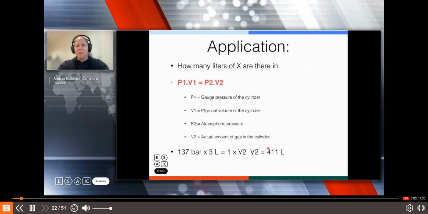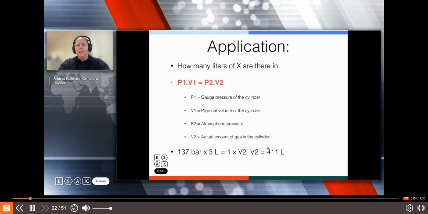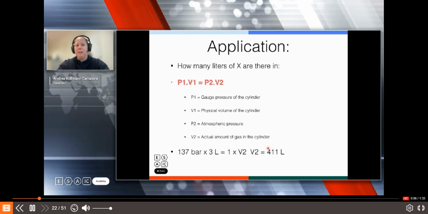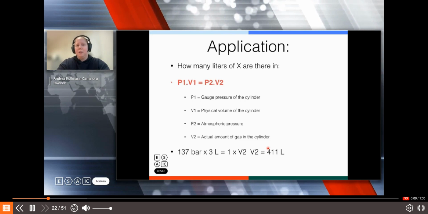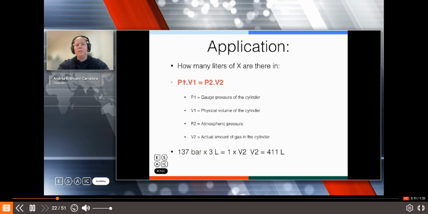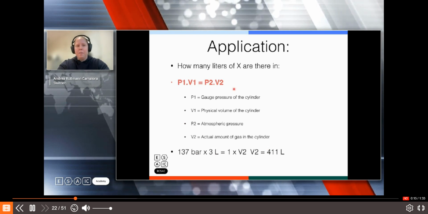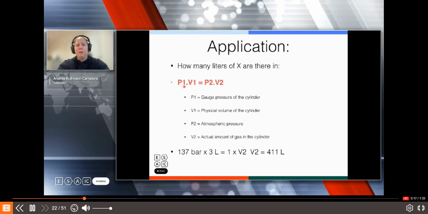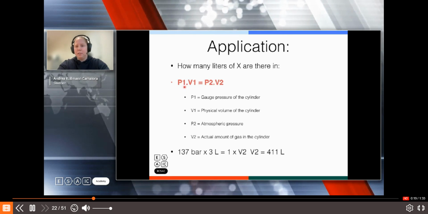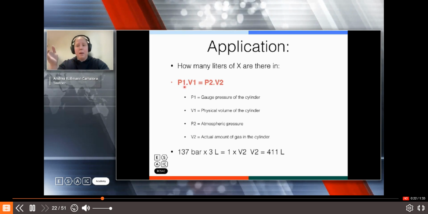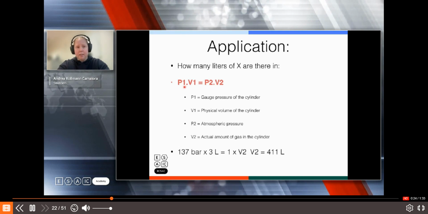And the application you're asking about, well, it's easy. It's to know how many liters are in something. Because pressure times volume equals pressure times volume. So for example, this can be my gauge pressure of the cylinder, how many bars of oxygen are in the cylinder.